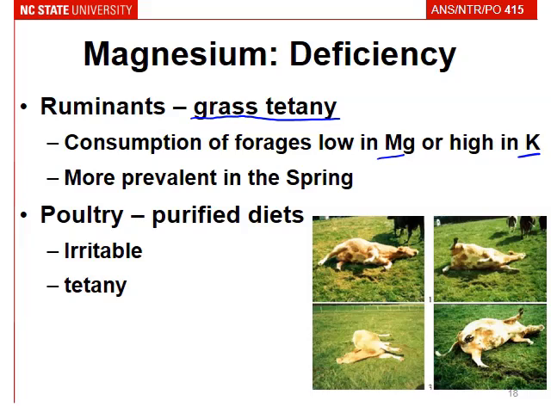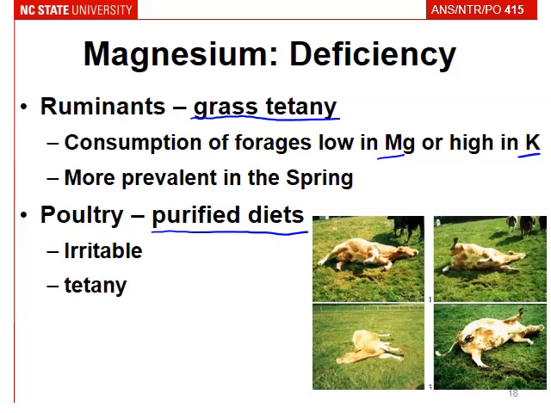In poultry, we have observed magnesium deficiency. They typically get irritable, and you do get cases of tetany. But in poultry, we've mainly observed it when we fed experimental purified diets, where we are giving the single amino acids, glucose, and the specific vitamins and minerals, and it's very powdered, very unpalatable.